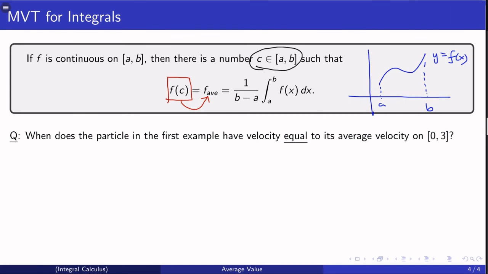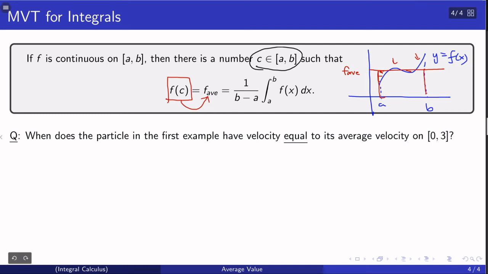Okay, what do I mean by that? So in this example, I can draw a line, say, here. And let's say that this is the average value of my function. Okay, what does that mean? Again, it means that I can sort of take the areas that are above the red line and use them to fill in the gaps below the red line.